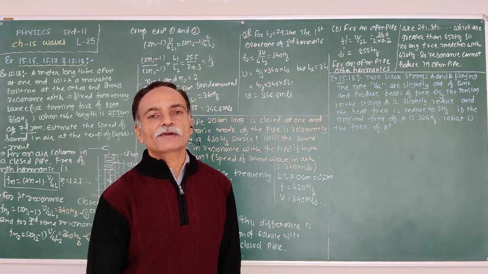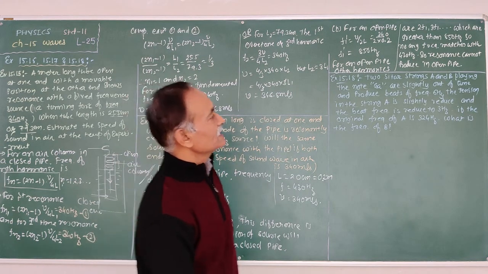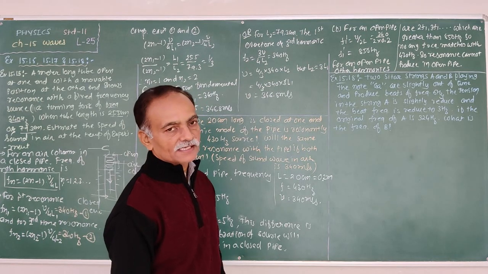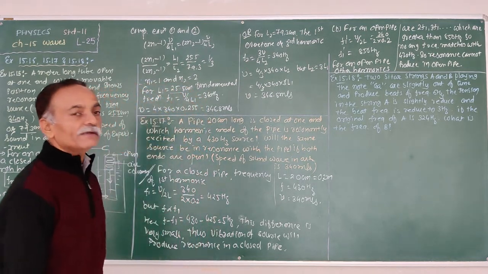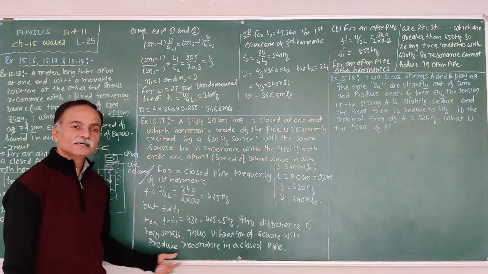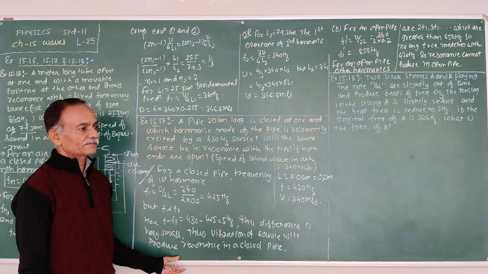The frequency of the harmonics increases, and no frequency matches with the frequency of the source, 430 Hz. Therefore, this source can't produce resonance in an open pipe; it can produce resonance only in a closed pipe.